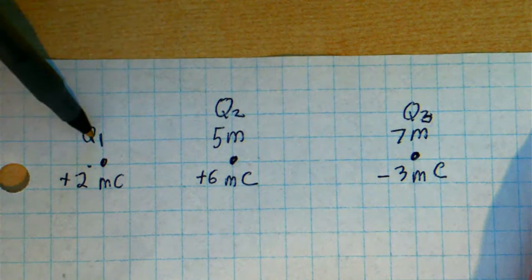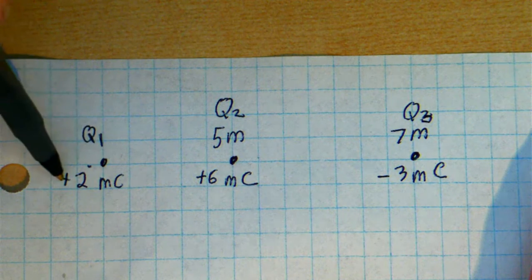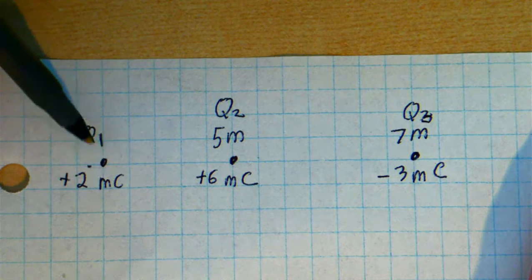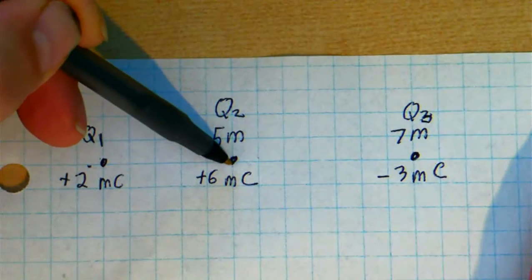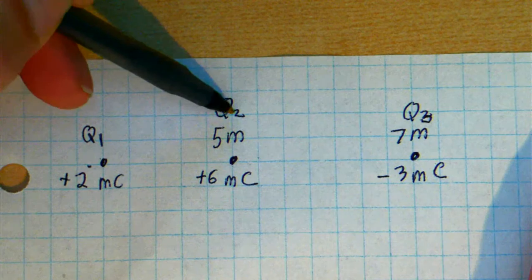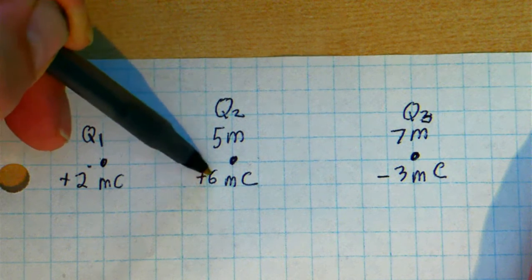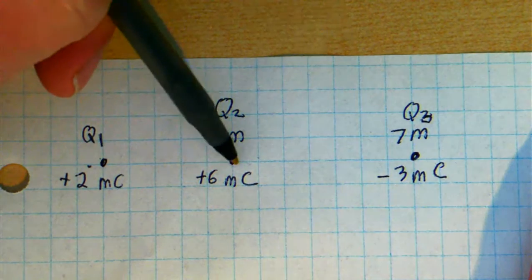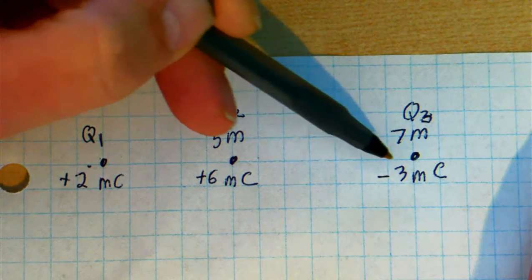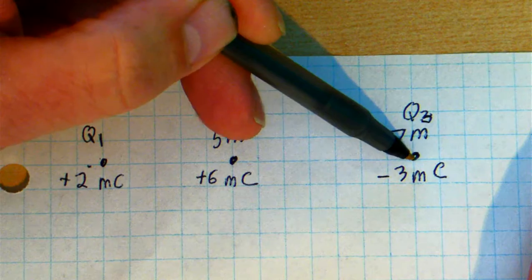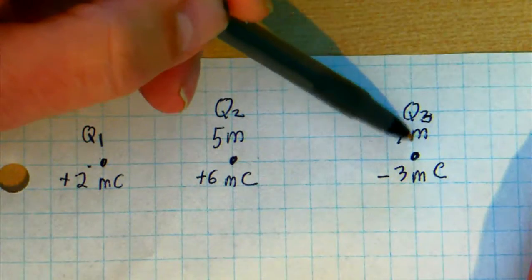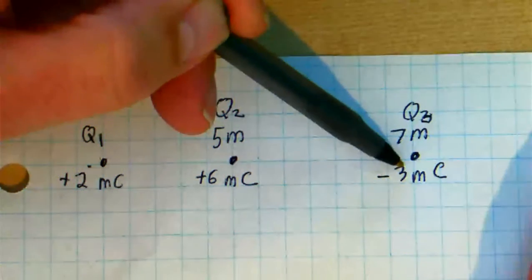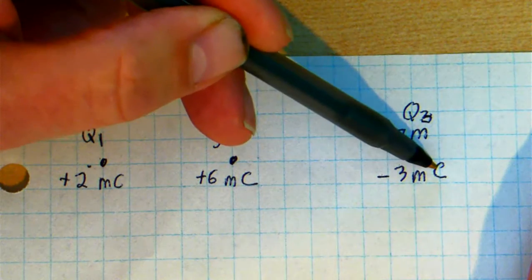The first charge, Q1, is positive 2 millicoulombs. 5 meters to the right of it, charge Q2 is positive 6 millicoulombs. 7 more meters to the right from charge Q2, charge Q3 is negative 3 millicoulombs.